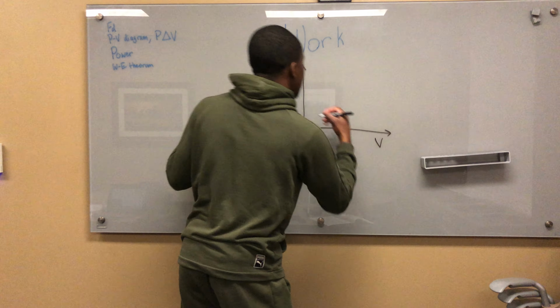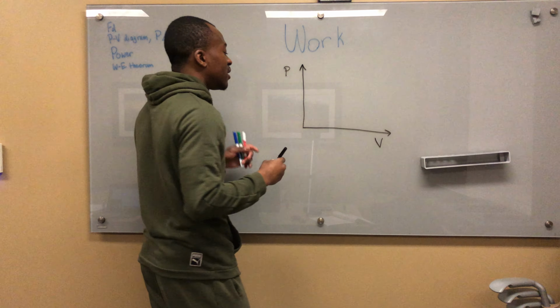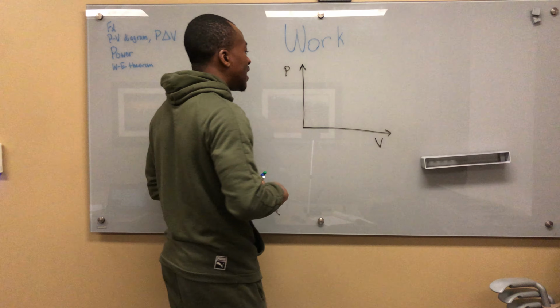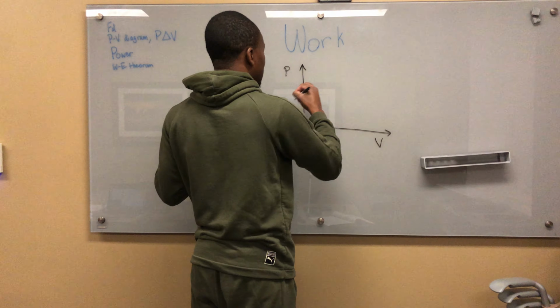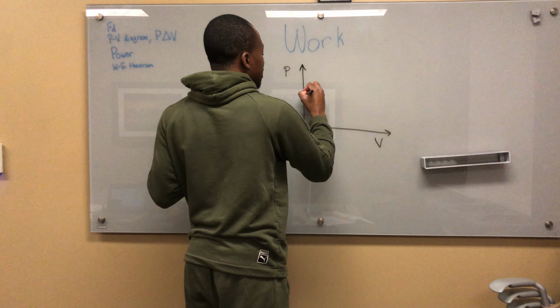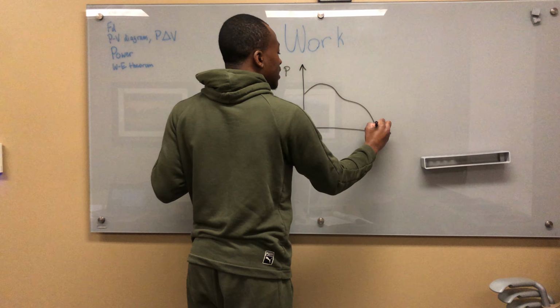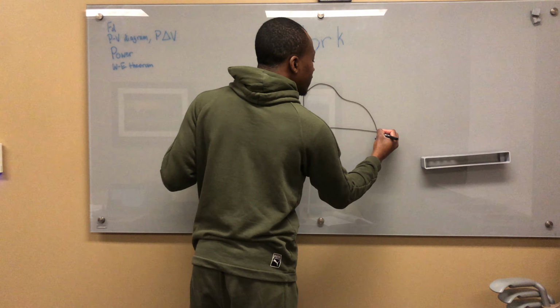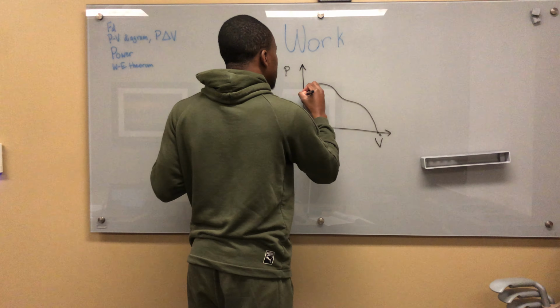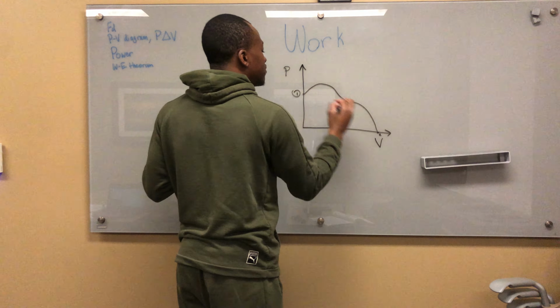This is V, this is P, right? So let's say I have something that follows a path like this, right? If I wanted to calculate the work from point 1 to point 2, I would just take the area under the curve, right?